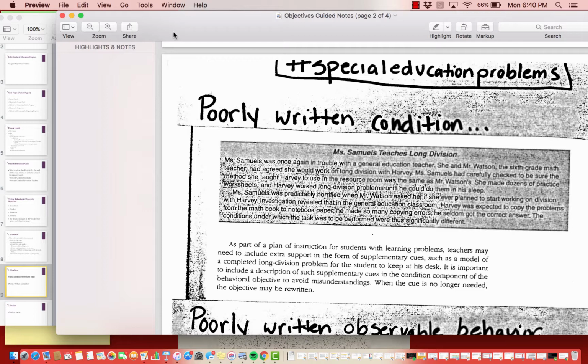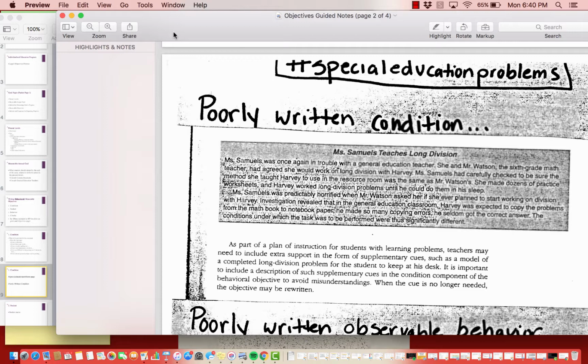And the reason why this is important, just in my own experience when you're working with kids with disabilities, if you're truly trying to assess if they know long division, asking them to copy a problem down from a book onto notebook paper, what you're also inadvertently assessing is their ability to copy down those problems correctly, accurately. And there are often mistakes made in that area.